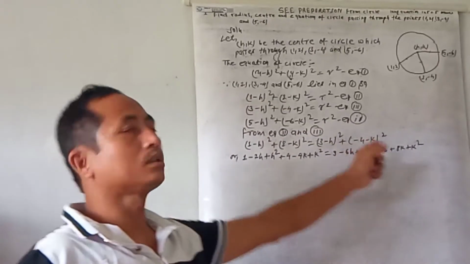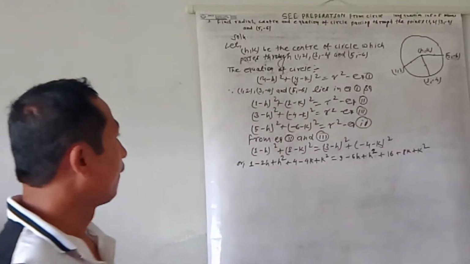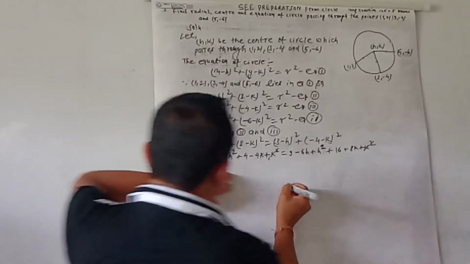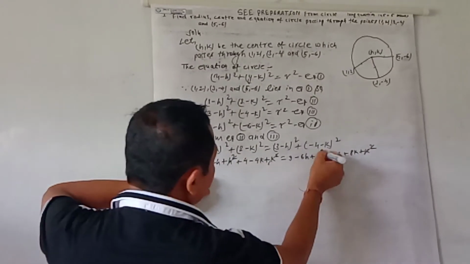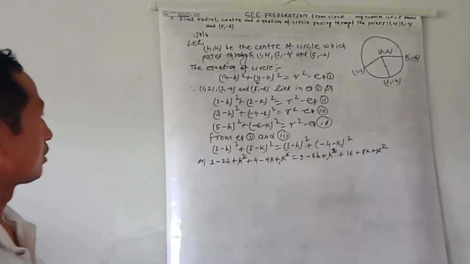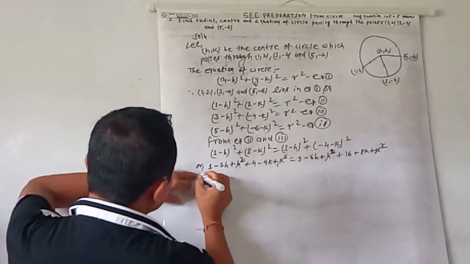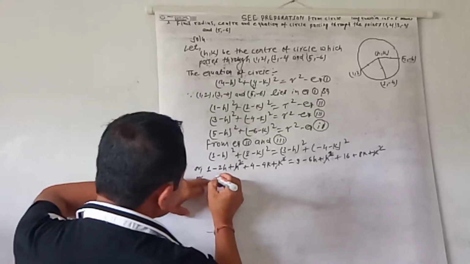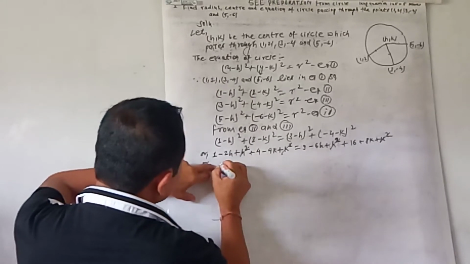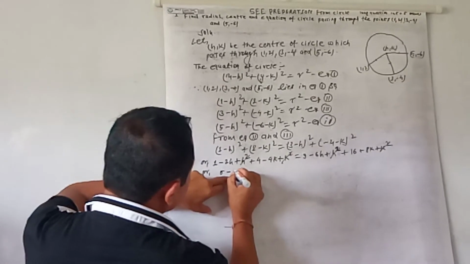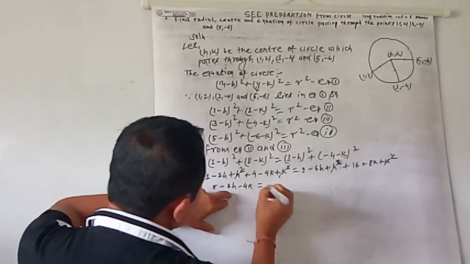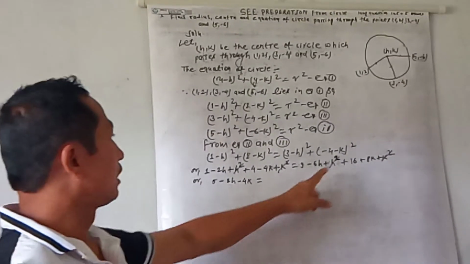This is also the (a minus b) whole square formula I have used. Now this k square will be cancelled, h square is also cancelled, and 1 and 4 here give 5 minus 2h minus 4k equal to 9 and 16.